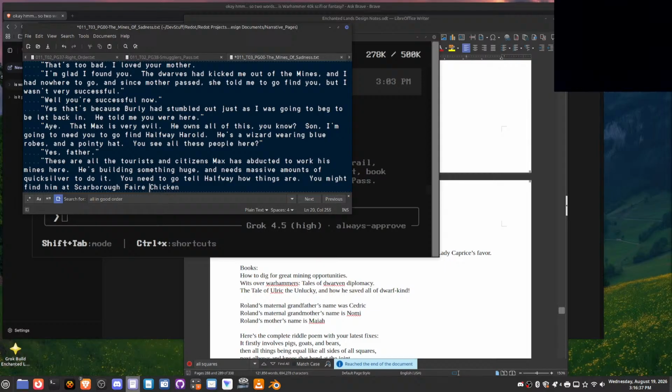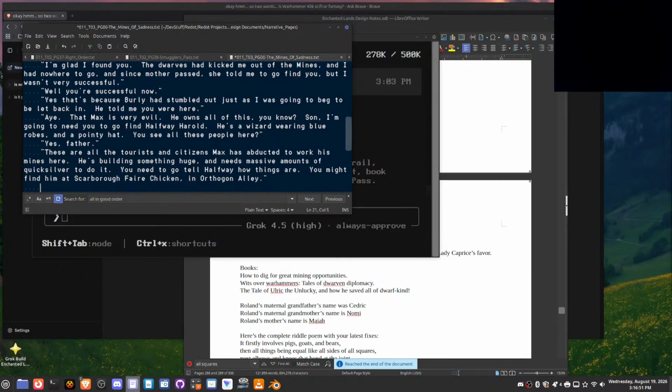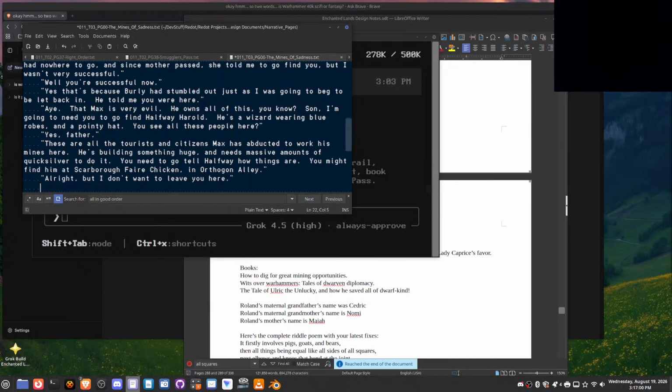Where is it? Scar Fair Chicken. And Don Alley. Alright, but I don't want to be here. Okay, son. And Halfway here is about this bill or what to do.